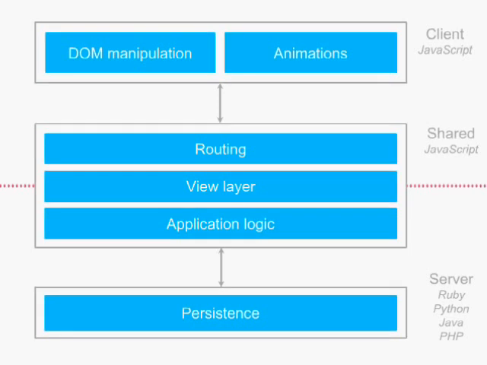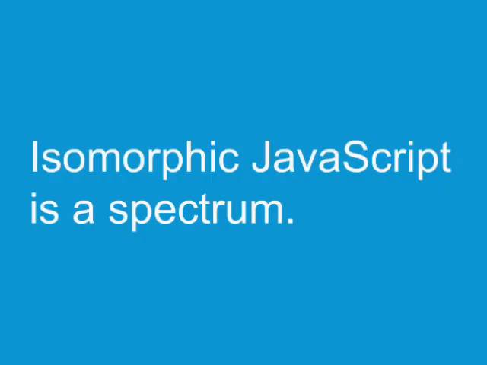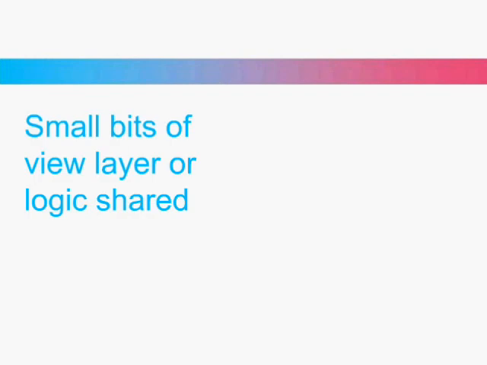Okay. So isomorphic JavaScript is a spectrum. This is an important point. So let's think of the spectrum: on the left side in blue is just a little bit shared, and the right side is a bunch shared. So let's say in the one case, there's going to be just a few small bits of view layer or templates or a little bit of logic shared.